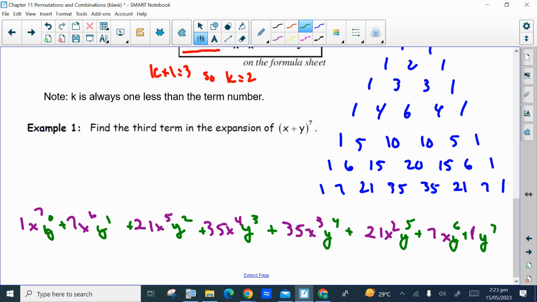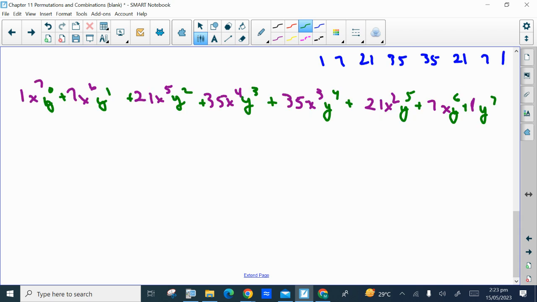If you look at each individual term, if you add the exponents together, in each case, you get 7, which matches or equals n. So you might just simplify really quick. X to the 7th plus 7x to the 6th y, and so on.